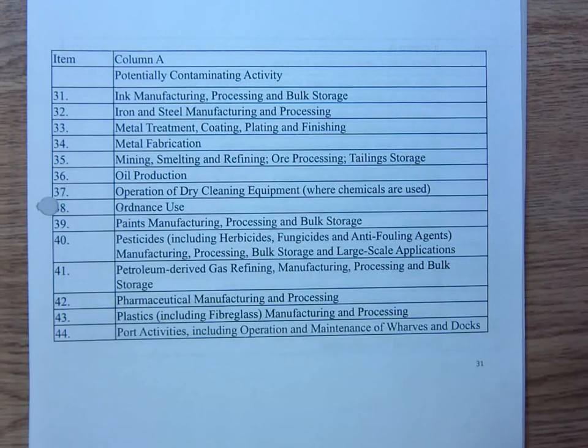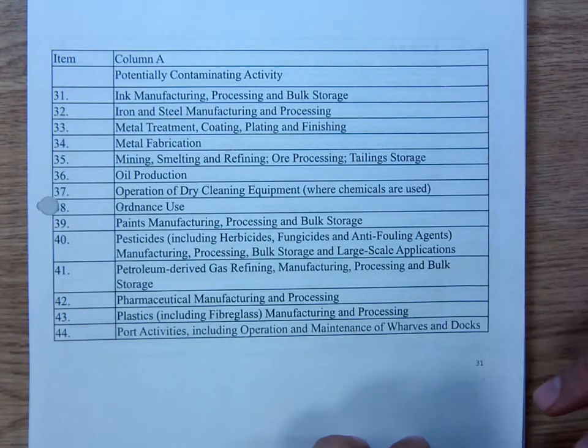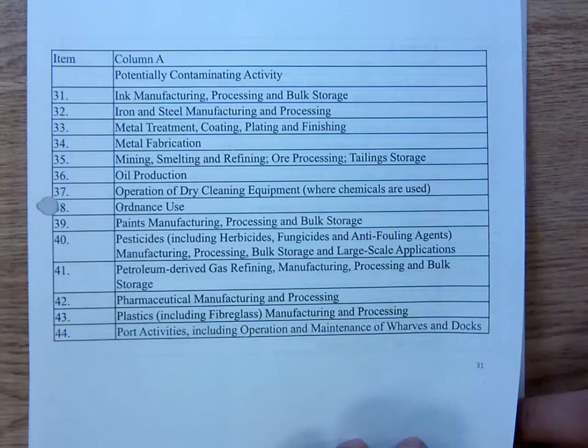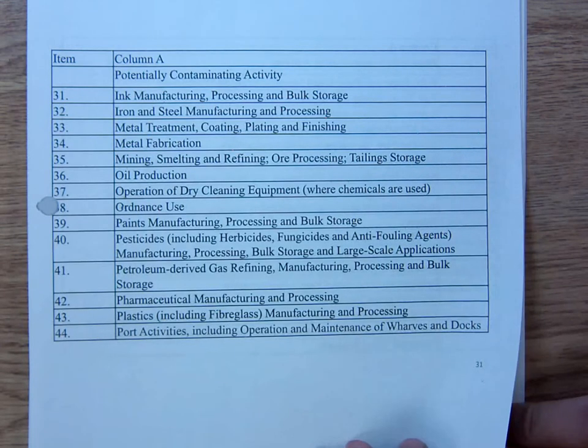The reason for listing this activity under column A is because whenever you have a port and dock, you most likely have fuel storage and you most likely have a spill of fuel or gas or grease and oil. That's why it's important to conduct a phase 2 environmental site assessment.